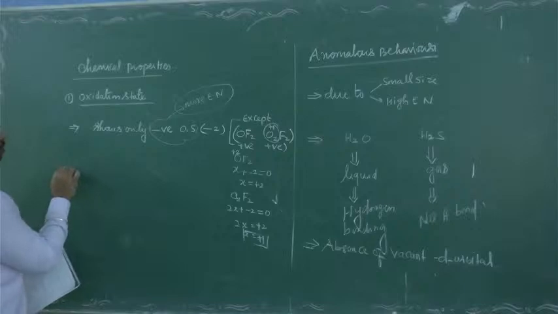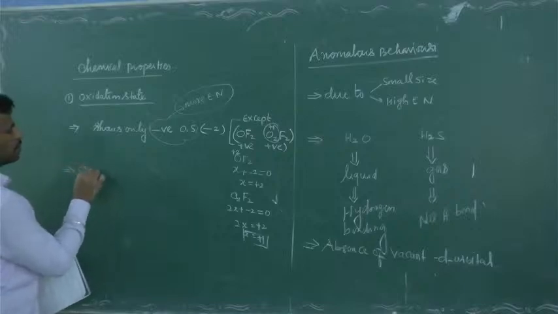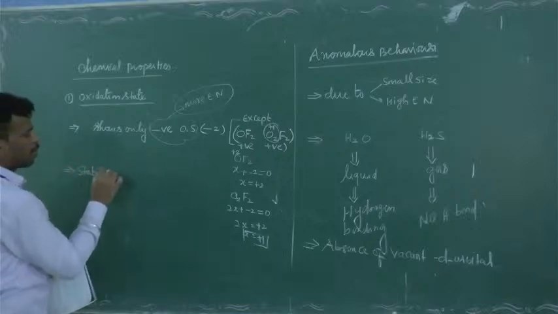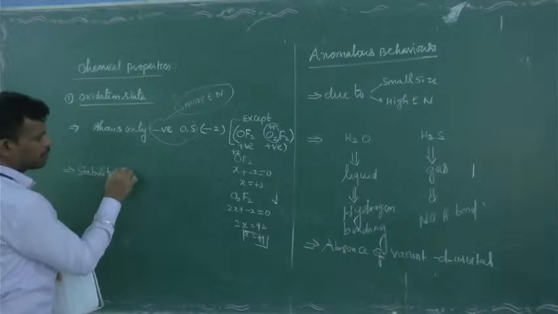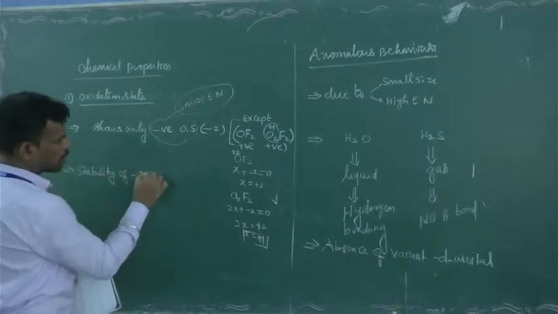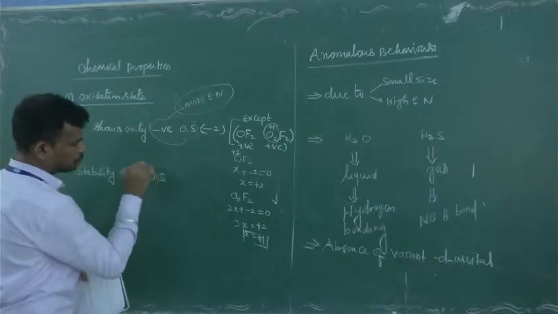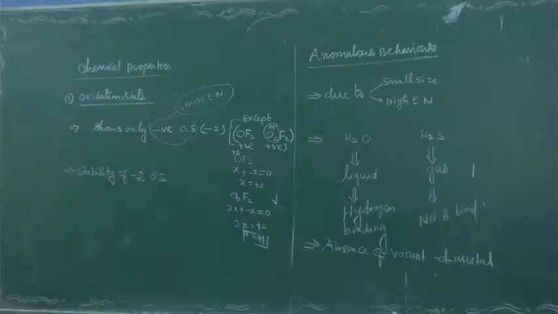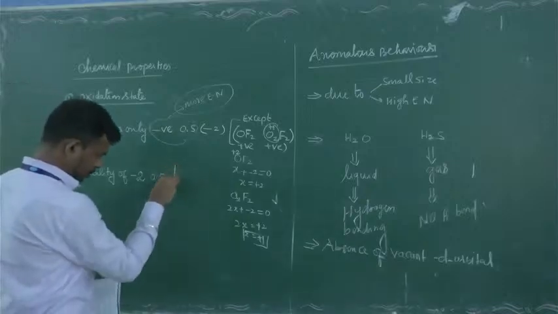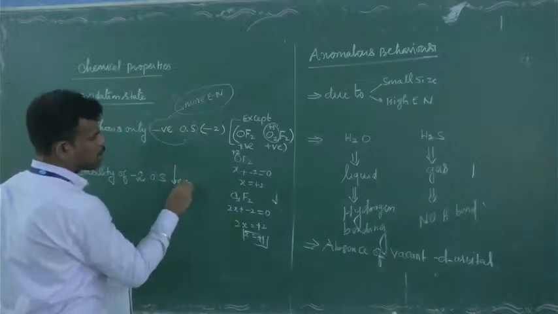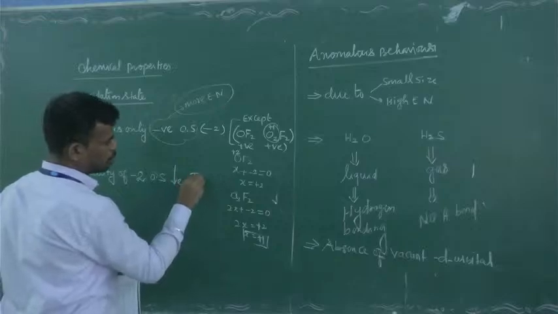Second point: the stability of the minus 2 oxidation state decreases down the group, from top to bottom.